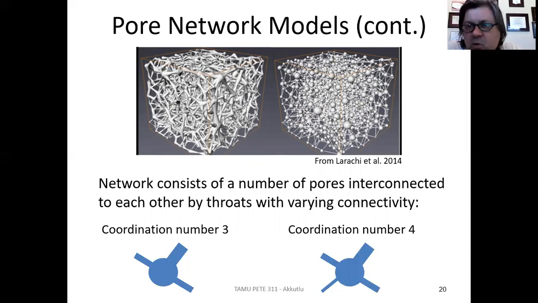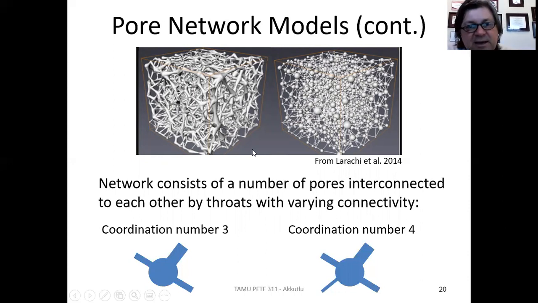No, this is a pore network system. Your matrix, the rock matrix, has this pore structure, and we are trying to gain insight into it by looking at these visual pictures. So here on the right hand side, again, you have the spheres representing pores, and you have the rods representing the pore throats.